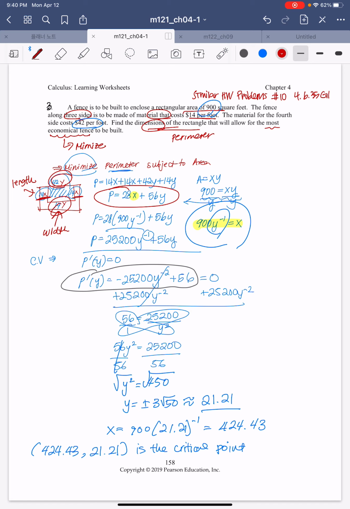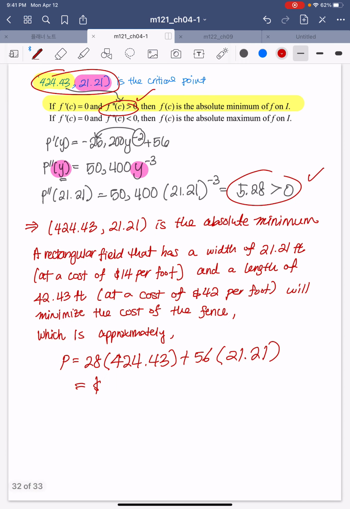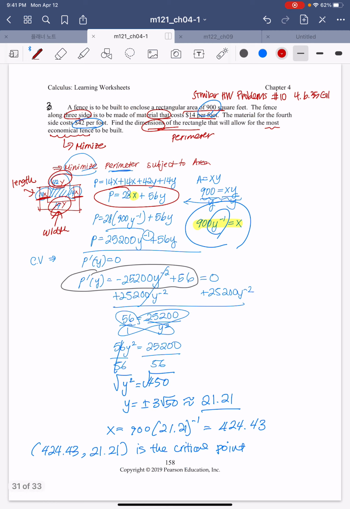Hold on, let me just double check. I made a decimal error because I knew something was very large in terms of money. This one is actually 42.43.